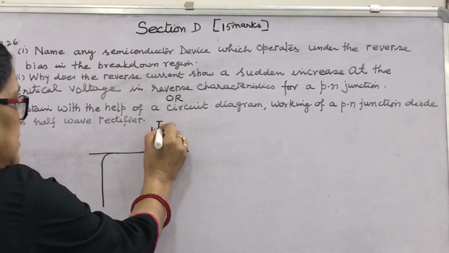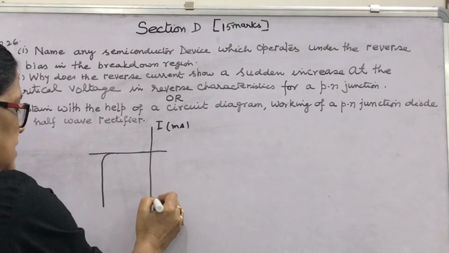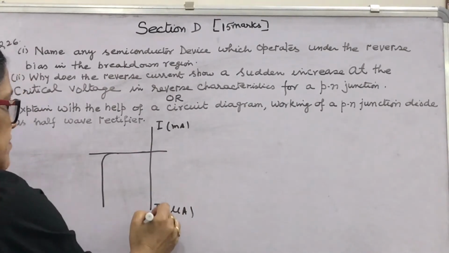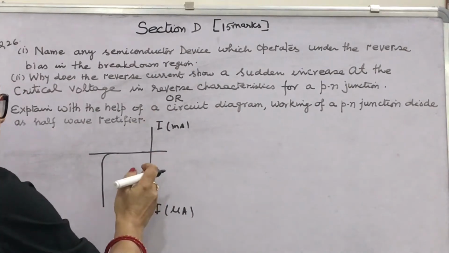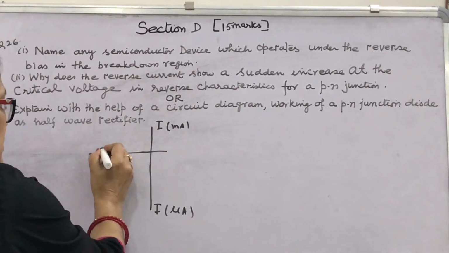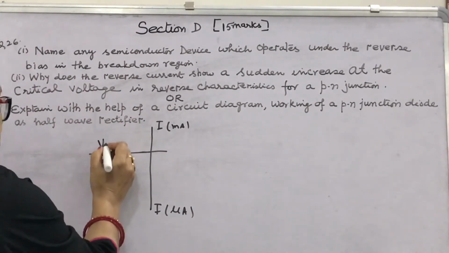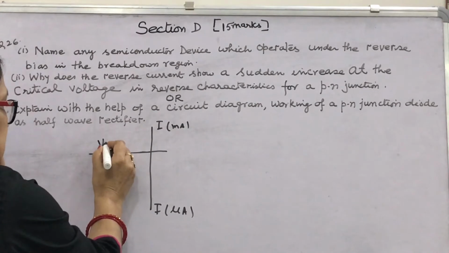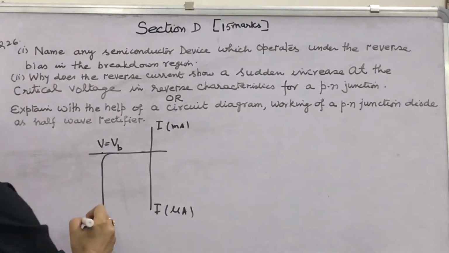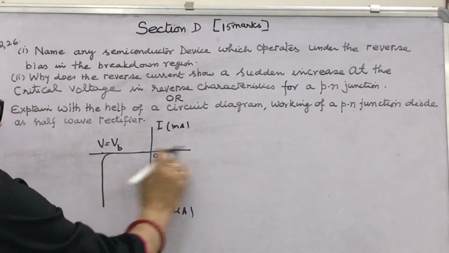The current is in milliampere in forward bias and in microampere during reverse bias. This is the critical voltage or breakdown voltage, which we can write as V equal to VB, on the voltage axis, the x-axis.